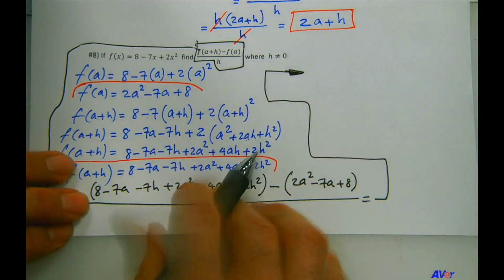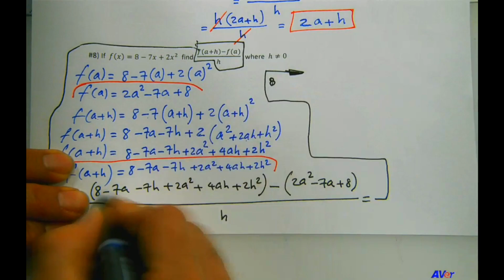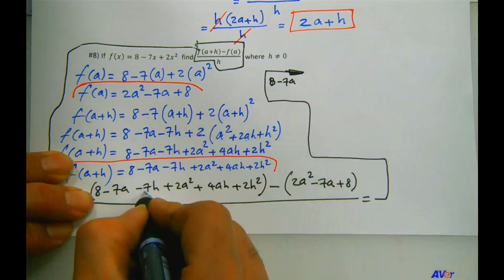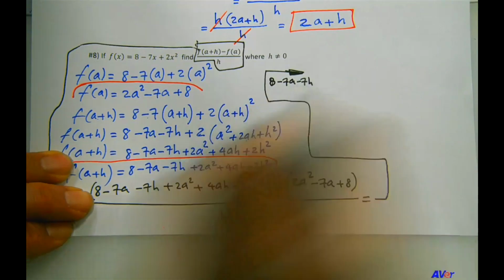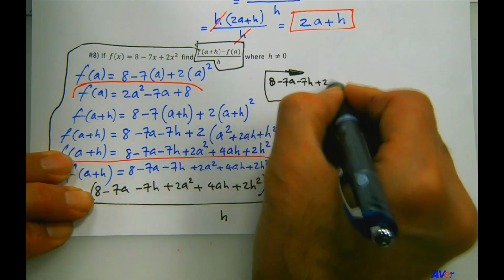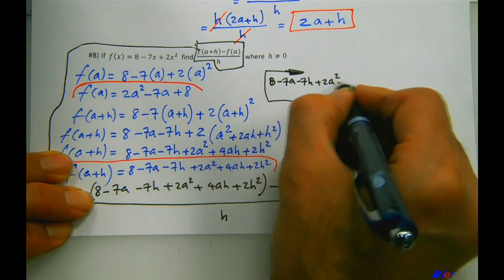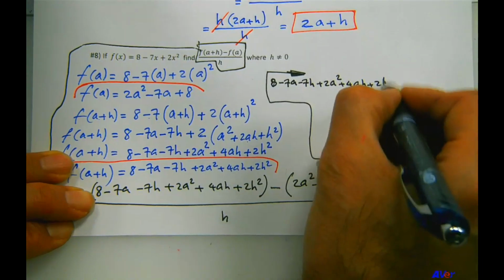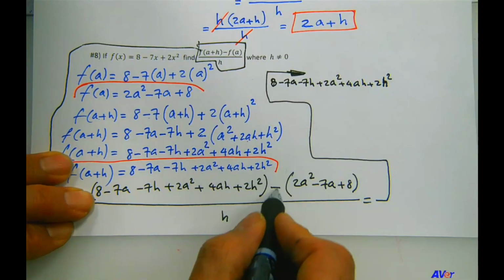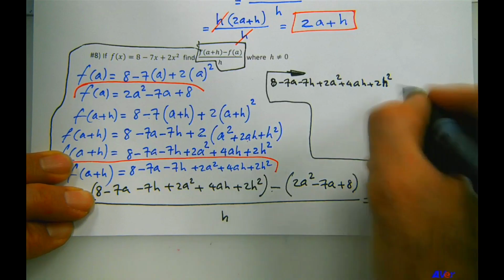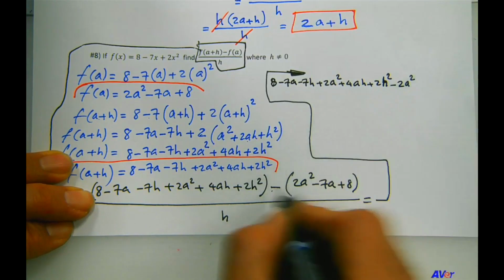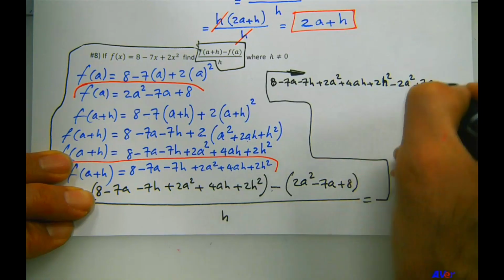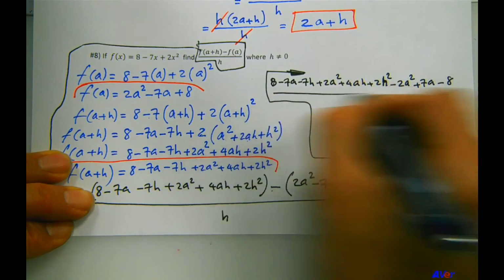So 8, minus 7a, minus 7h, plus 2a squared, plus 4ah, plus 2h squared. Now distribute this negative, minus 2a squared. Minus 7a, positive 7a. Minus 8, minus 8. All of that over h.